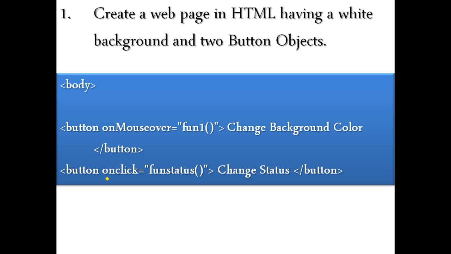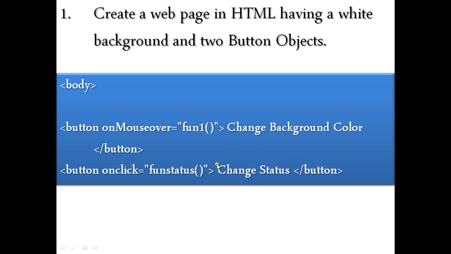So for that you are supposed to create another button, and the event handler will be onclick, because when you click on that button it should change the status. On clicking this button, this is the event handler onclick, and this is the function which is going to be called, and the label on the button is change status. Got it?